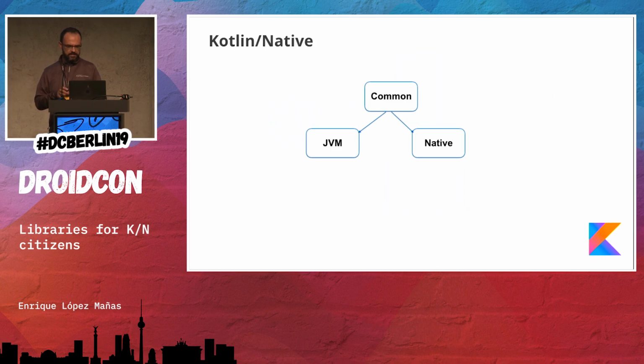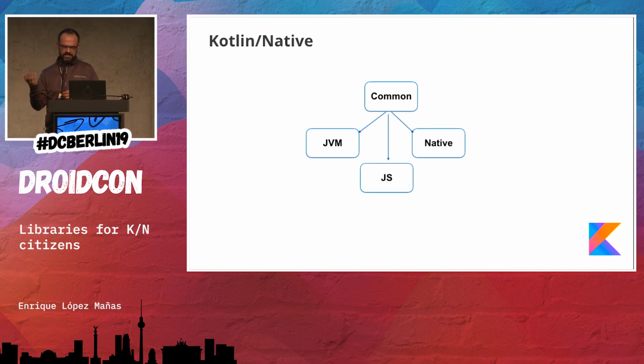It works like this. You will have a common module that defines the functionality that will be implemented in the native modules that you will be dealing with. We will have a JVM module that compiles for things such as Android, the native one that could compile, in our case as mobile developers, into iOS.